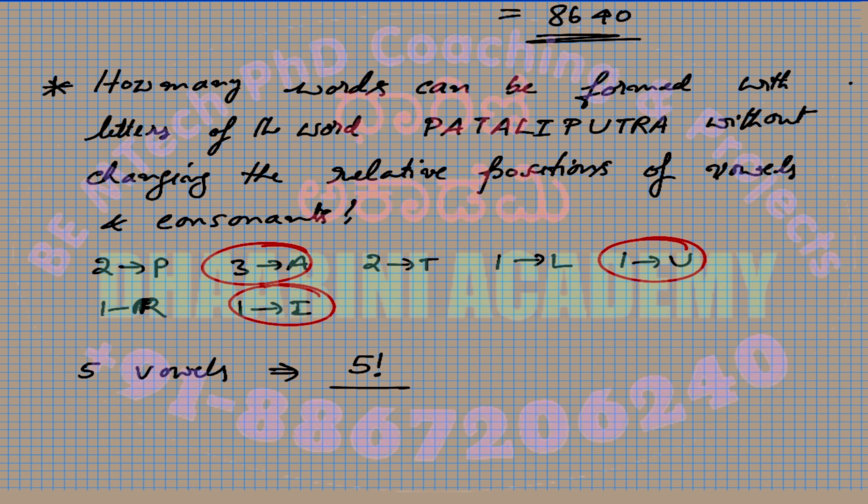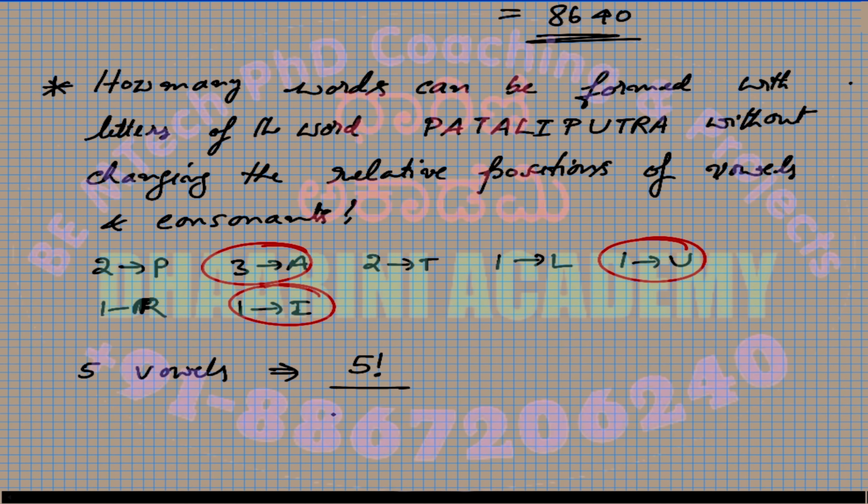This can be done in 5 factorial divided by 3 factorial. Now, 5 factorial by 3 factorial, I think this is 20.